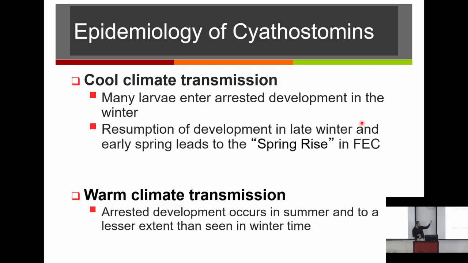But on the other hand, in the cold climatic transmission, normally you will see these parasites convert to their arrest state in the springtime. So that's the difference between where this parasite is in the cold climate or in the hot climate, the development and the arrest state. So this is how the epidemiology of this group of parasite works in the case of cold and warm climatic transmission.